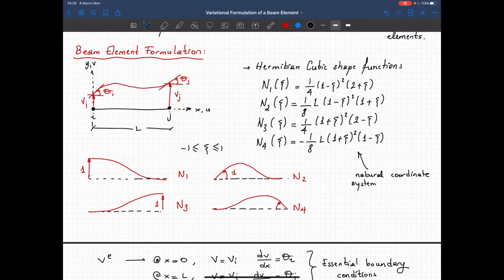So the transformation between the natural coordinate system and the actual Cartesian coordinate system of this beam element is as follows: psi equals 2x divided by L minus 1.